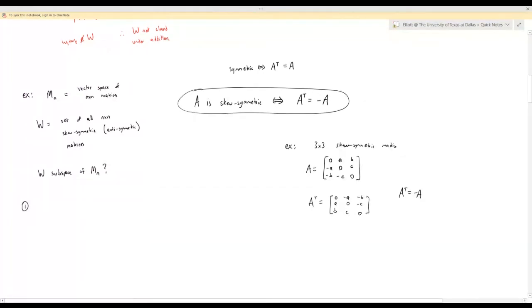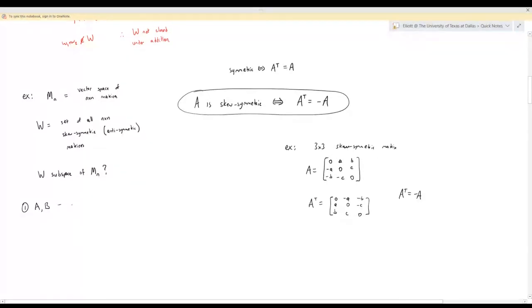So let's say we want to check if it's closed under addition. Suppose we have two n by n matrices A and B, which are skew symmetric.